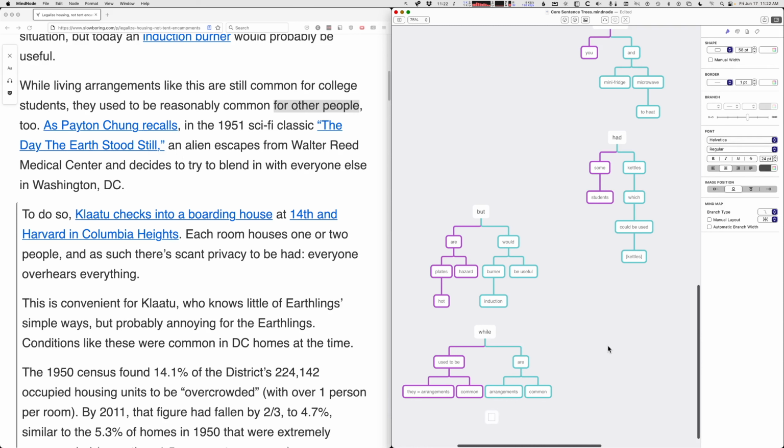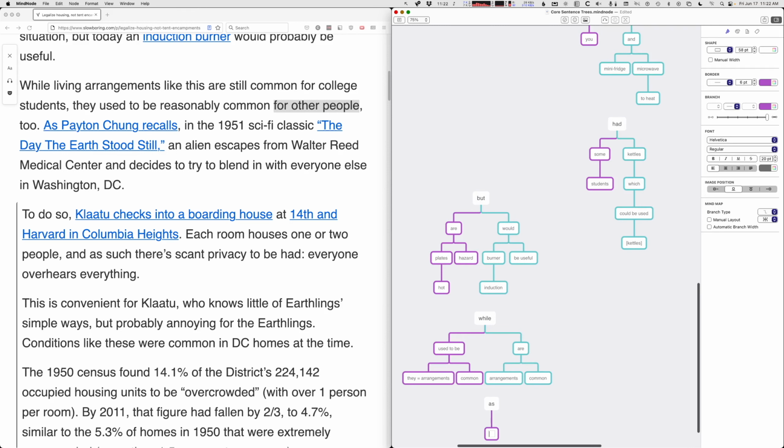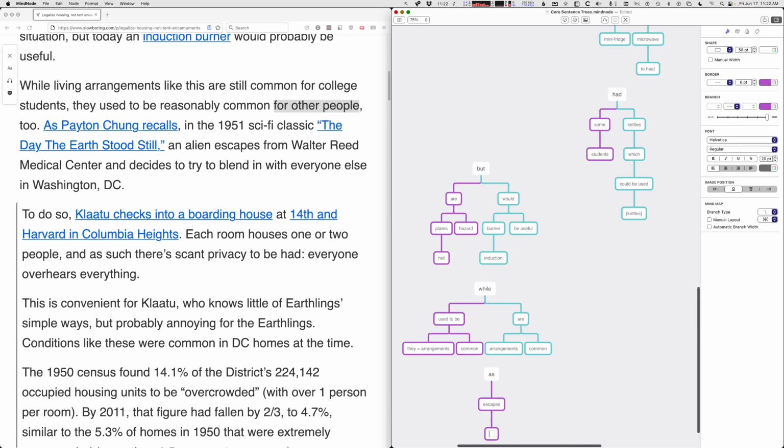Okay, this next one, I found the conjunction as. Then we're going to do the main clause, which is alien escapes. Oh, it's actually an and group. We have and. The alien is doing two things. He's escaping and deciding. But there's a shared subject.